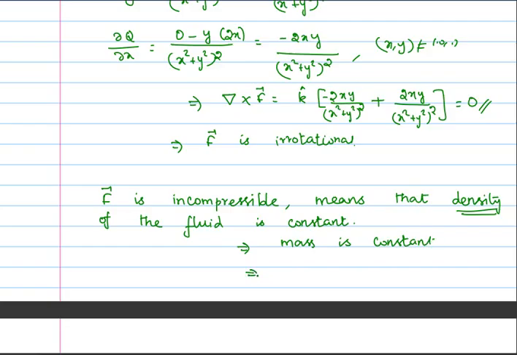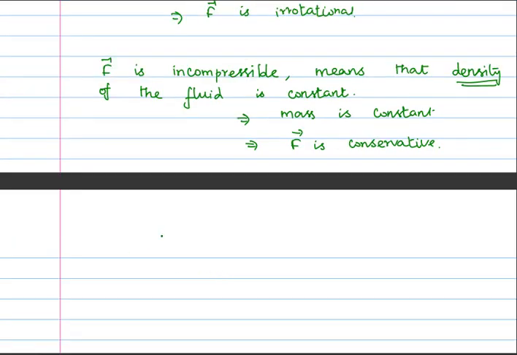So this implies F is conservative. F vector is conservative means the divergence of F vector is 0. So I want to prove that F is incompressible, meaning the density is constant.